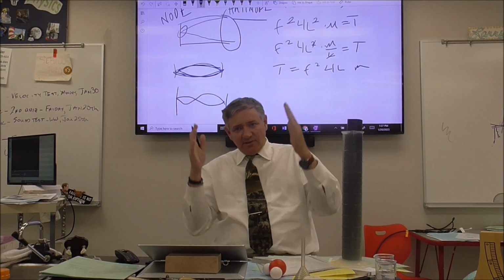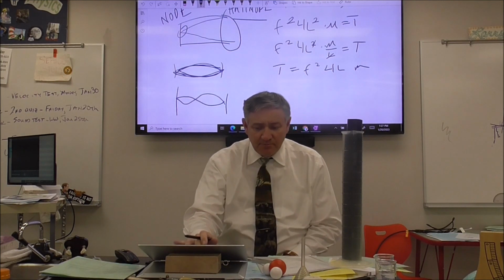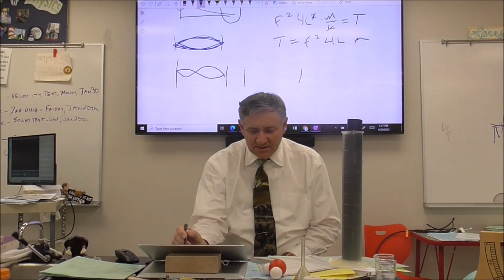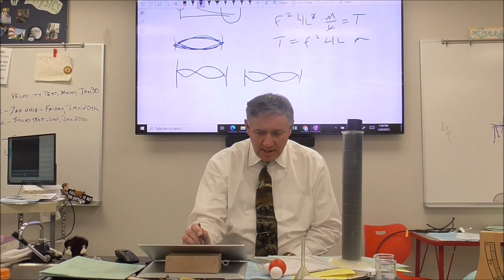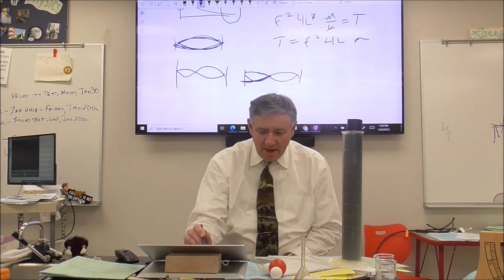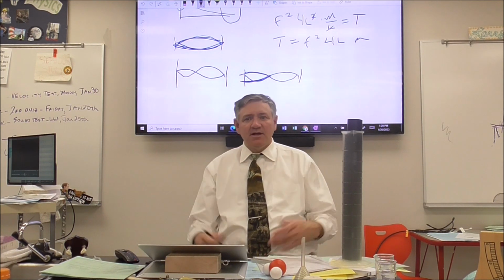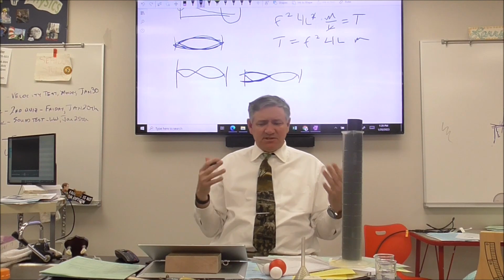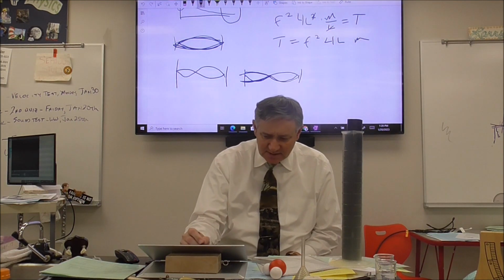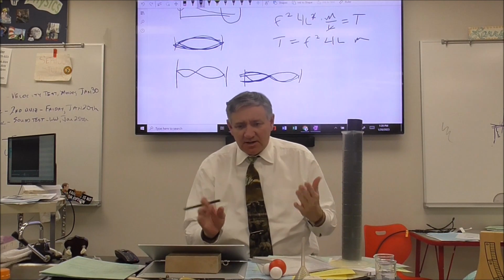Mother Nature likes that standing wave. I couldn't build a standing wave where I had something like this, where it would hit and be like a wavelength and a half. It just wouldn't work, because Mother Nature goes, oh, this is just going to be weird, because if you try and send that down, it's not going to fit.